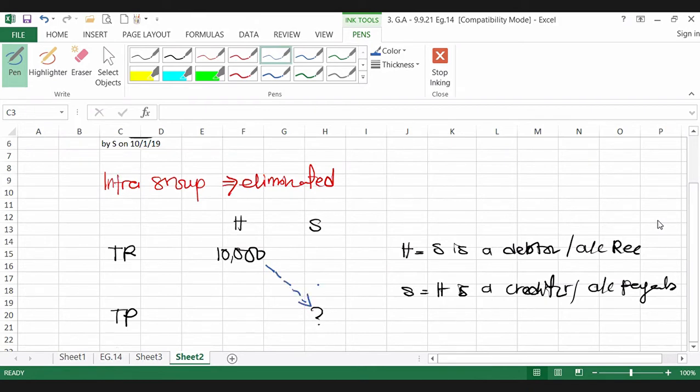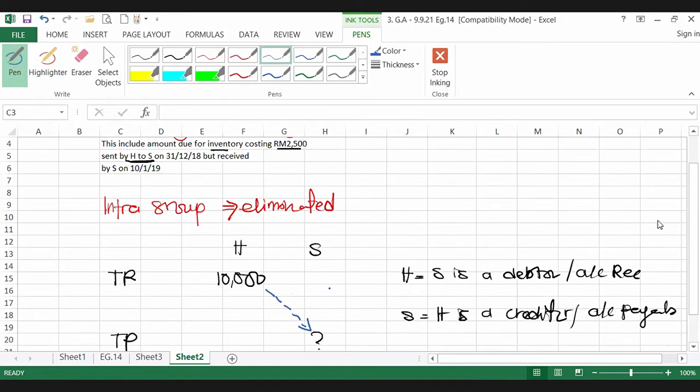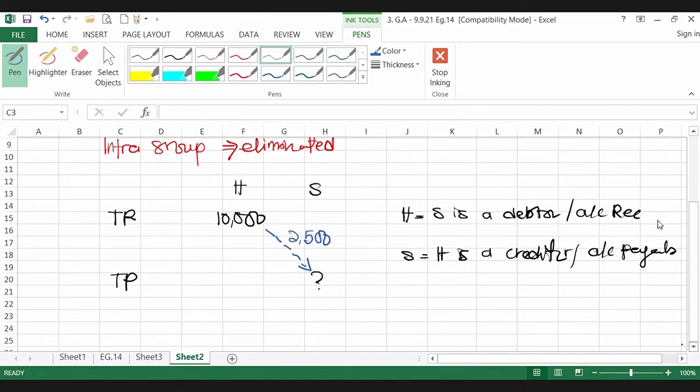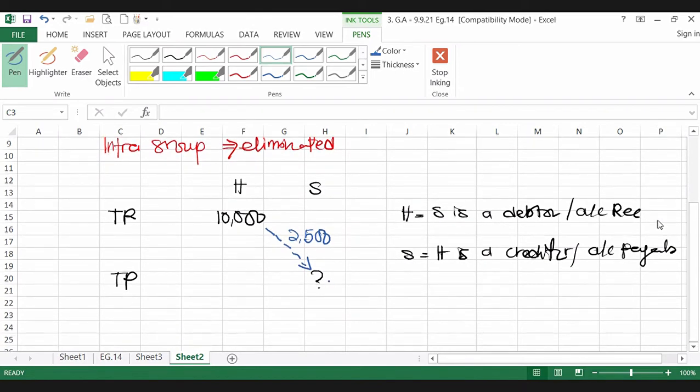The goods are still in shipping, which is 2,500. He already sent the goods, so he already updated his invoice of 10,000. But subsidiary did not receive the goods in the current year. Subsidiary receives next year. So if we observe here, the subsidiary amount does not include the 2,500 yet.